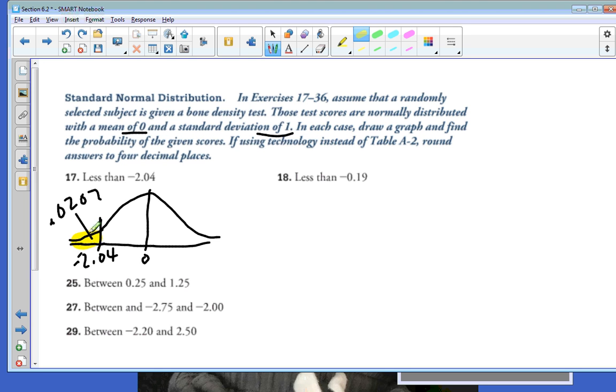So think about this for a second. My next one says less than negative 0.19. Think about that. Is the probability going to be more than when the z was negative 2.04, or will it be less?